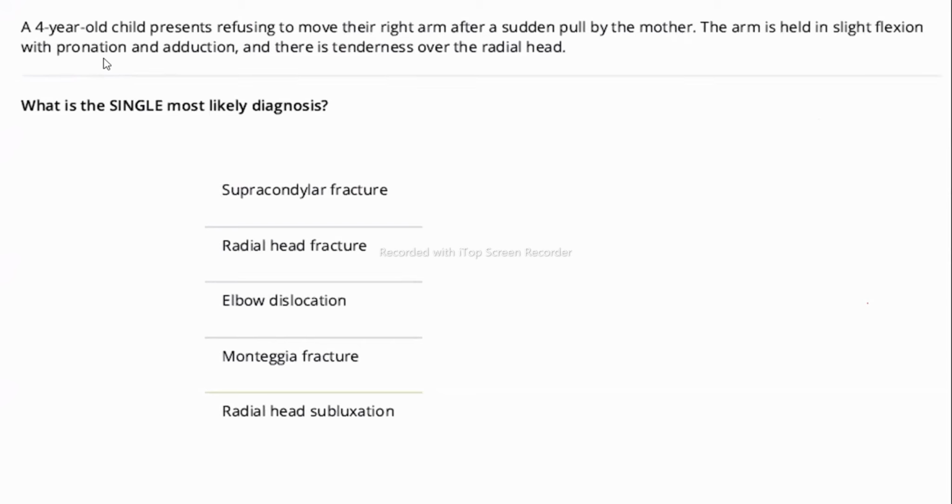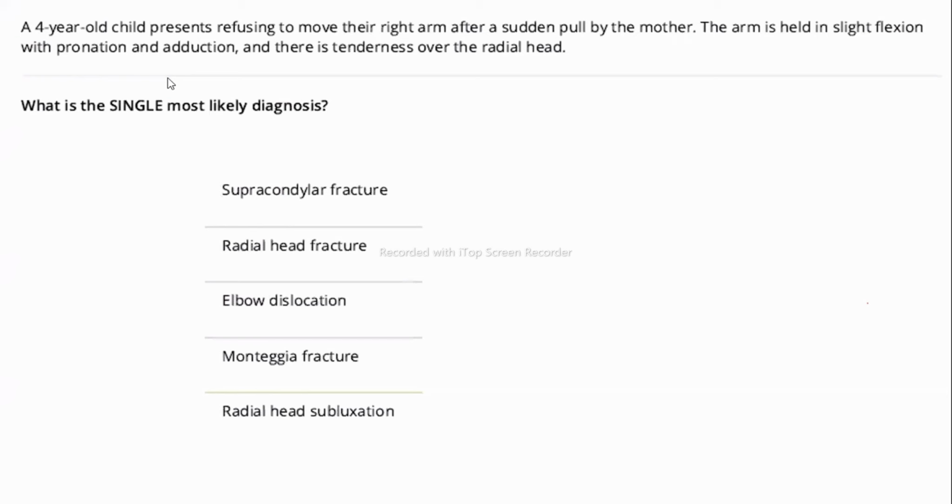So remember that. How to support your diagnosis? The patient is holding his arm in slight flexion, not flexion, slight means mild. Pronation, they did not say hyperpronation or full pronation, just pronation. And adduction. So pronation here, palm down or up? Down. He has tenderness over the radial head.